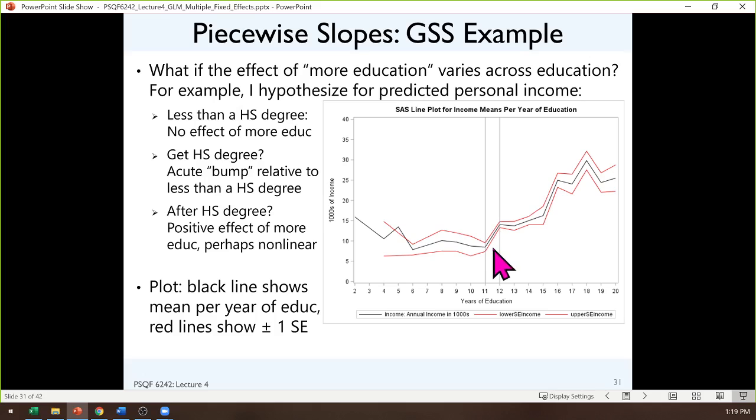A second slope describes the acute effect of a high school degree. So going from 11th grade to 12th grade, what is the concurrent change in income? And then for simplicity's sake, I'm only going to fit one more slope that goes from 12 to 20 that describes the effect of each additional year of education for those with at least a high school degree. So different slopes for these different regions of years of education.